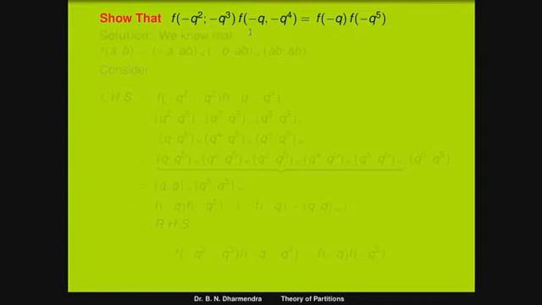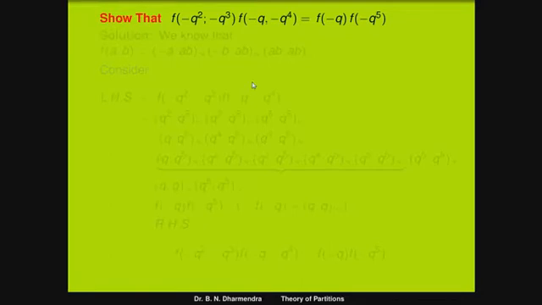This can be written in terms of another special case of Ramanujan's theta function: f(minus q) is equal to q to the power of infinity, and likewise this one is f(minus q to the power of 5). So, a very beautiful result.